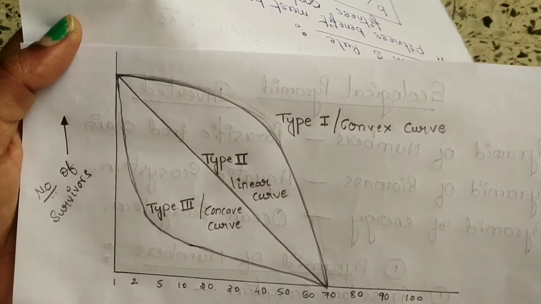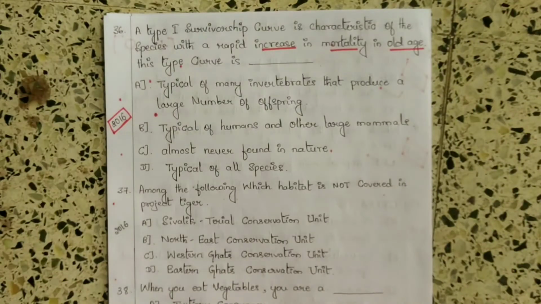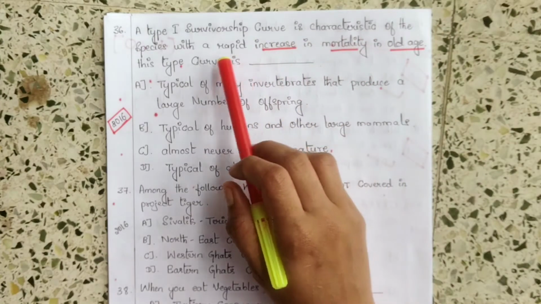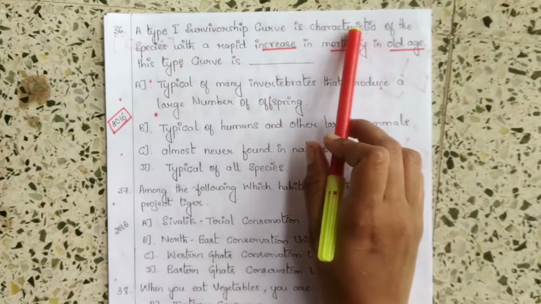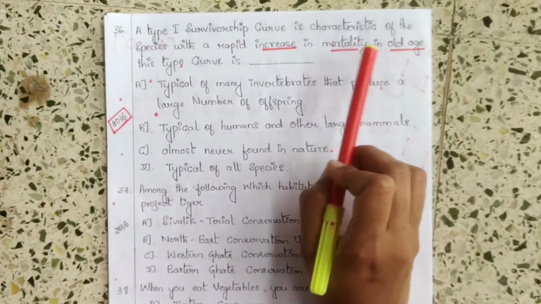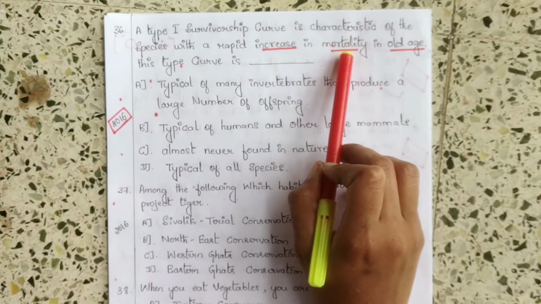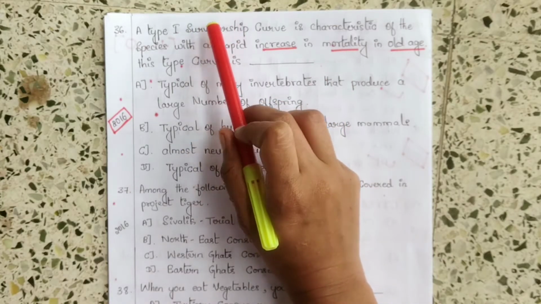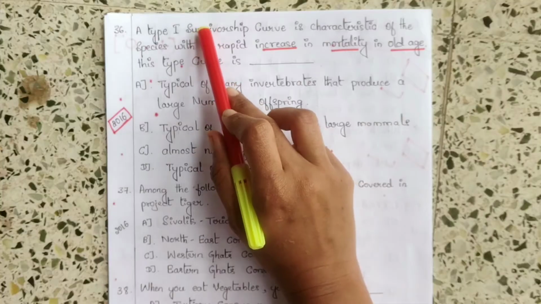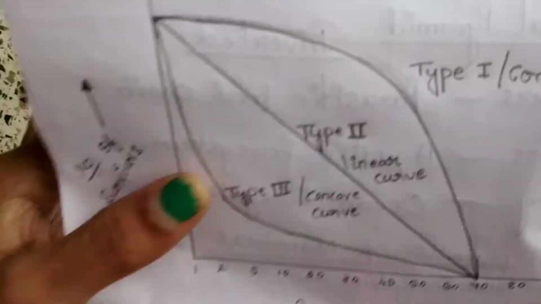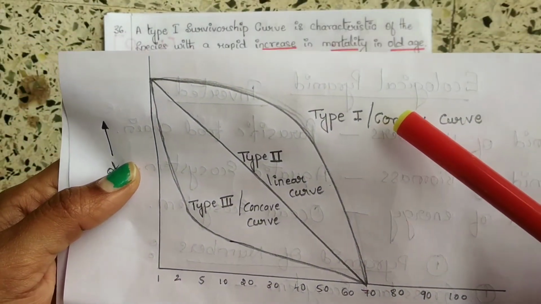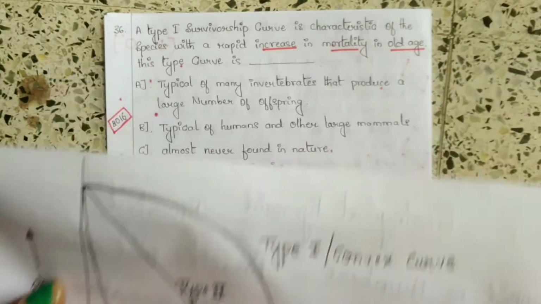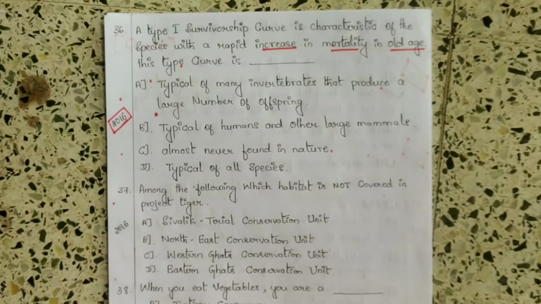Here the question is asking about the type 1 survivorship curve, which is characteristic of the species with a rapid increase in mortality in old age. Type 1, as I told, is a convex curve, and here mortality of young ones is low because of high parental care.